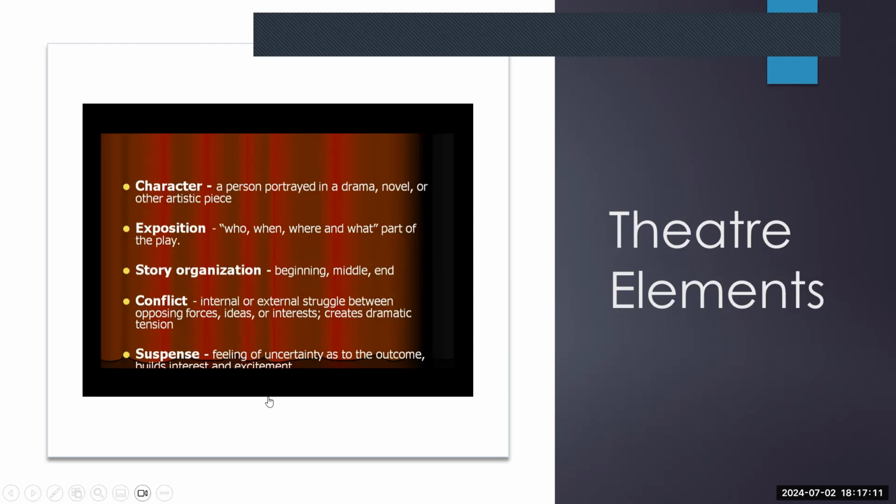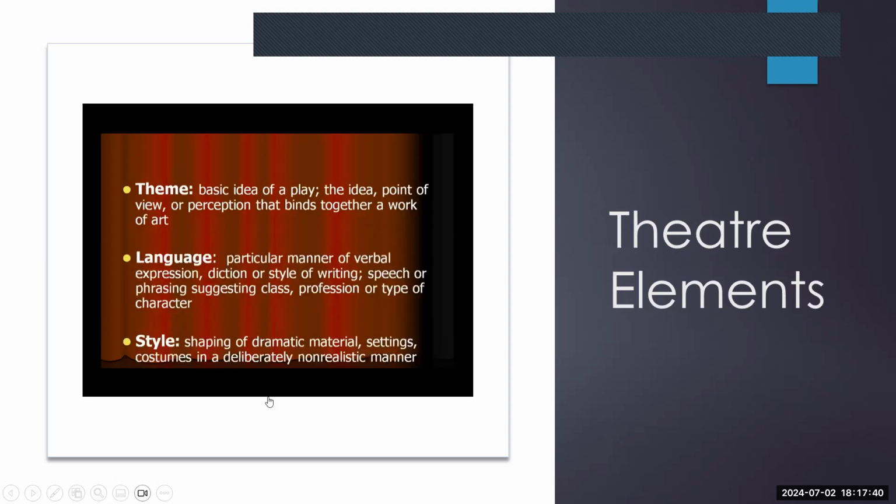Character refers to a person portrayed in a drama, novel, or other artistic piece. Exposition refers to the who, when, where, and what part of the play. Story organization refers to the beginning, middle, and end. Conflict refers to the internal or external struggle between opposing forces, ideas, or interests, and creates dramatic tension. Suspense is the feeling of uncertainty as to the outcome, and it builds interest and excitement.